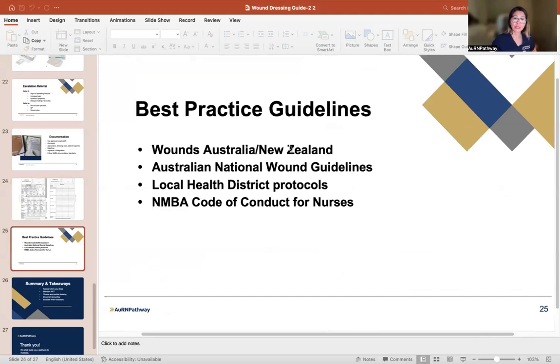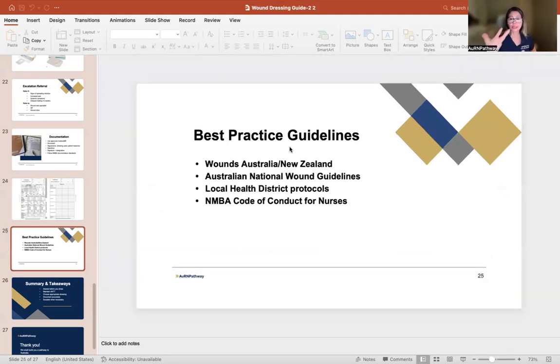To help you with best practice guidelines, you can access Wounds Australia or the New Zealand and Australian National Wound Guidelines. Follow your local health district protocol, specifically your hospital policy and procedure, because it's different in every hospital. Well, not a huge difference, right? But different policies, different procedures in every hospital.